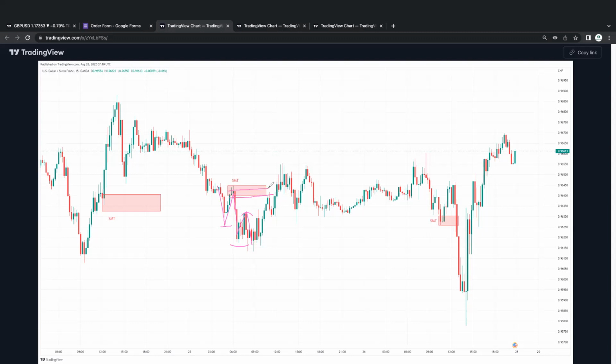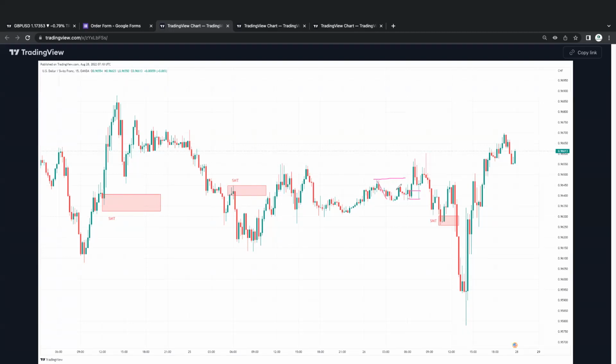Okay, but if you are marking in terms of the structure, this one is your valid SMT, this sort of block. Why? Because the market broke the structure, there is no inducement, the market tapped here and failed. So this is your valid SMT. Same thing happens here: the market broke the structure, this order block failed because this is an SMT, there is no inducement.